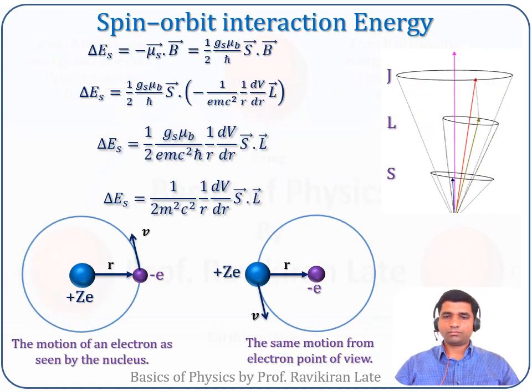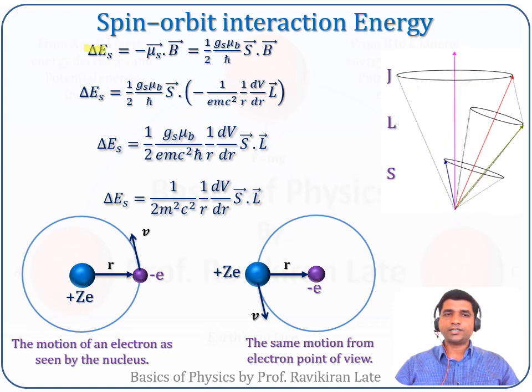Now also in our earlier lecture we had seen this spin orbit interaction energy, which is delta E_S.